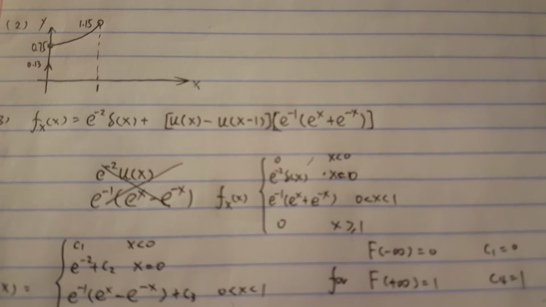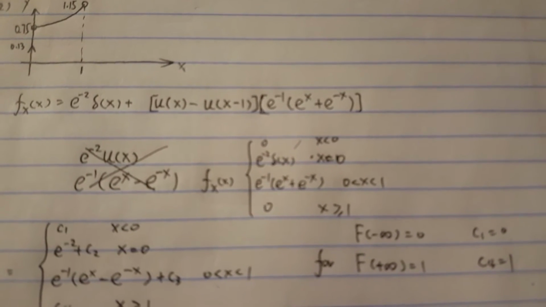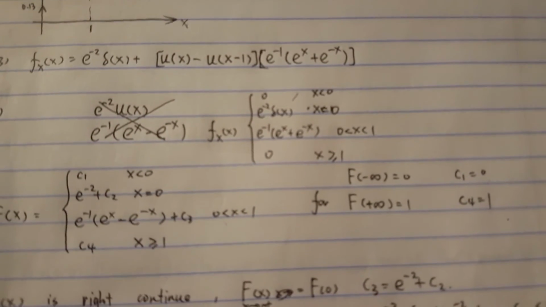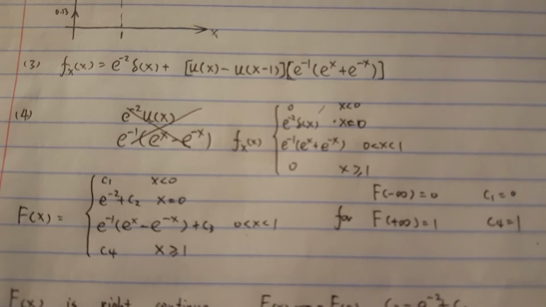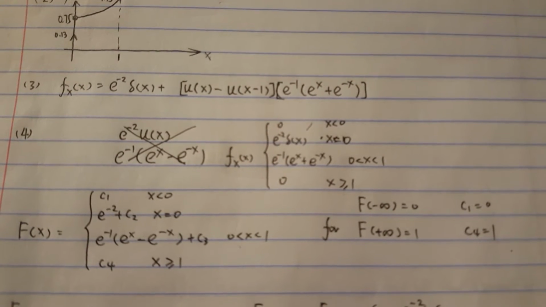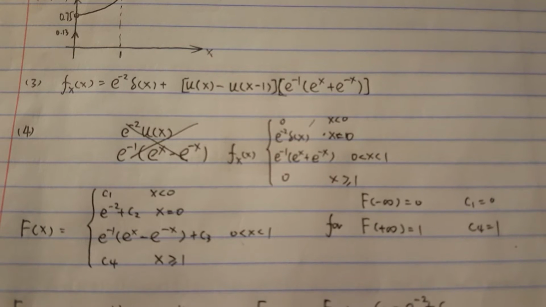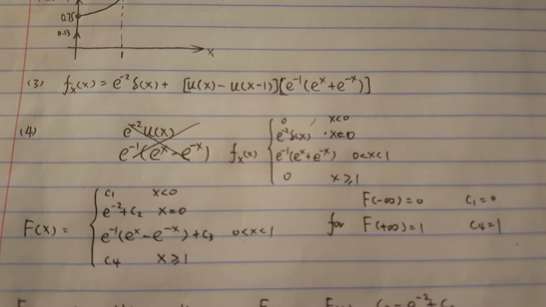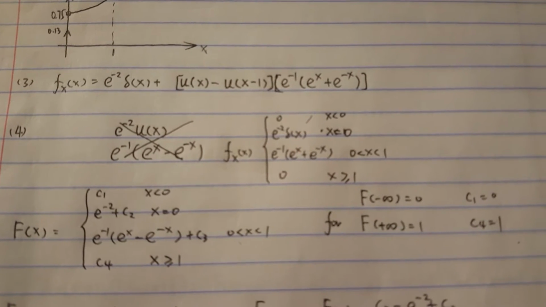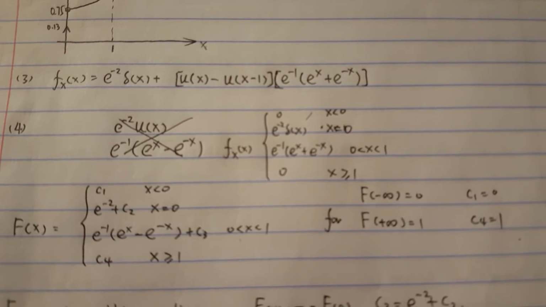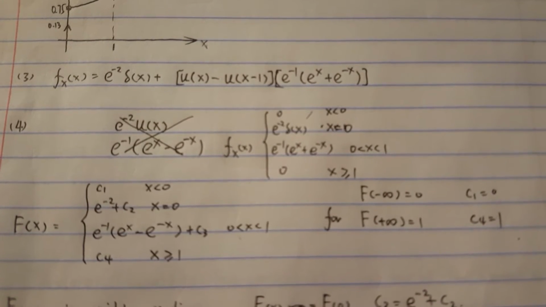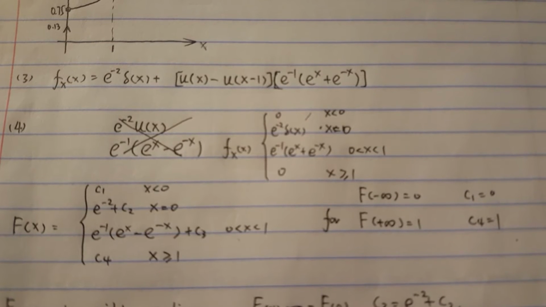And the last question is to find the capital F of y in an analytical form. First, we have f of x, then we integrate it to get capital F of x. What we want to mention is that all of the integrations will give a constant, such as C1, C2, C3, and C4.